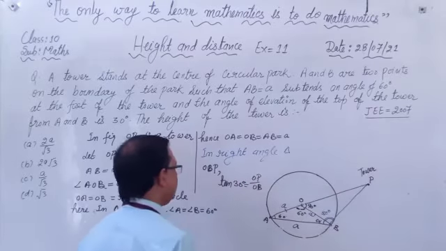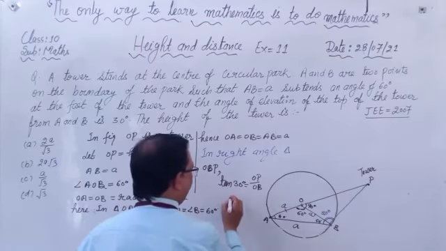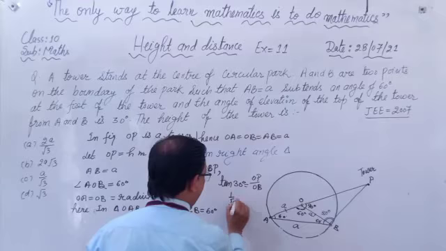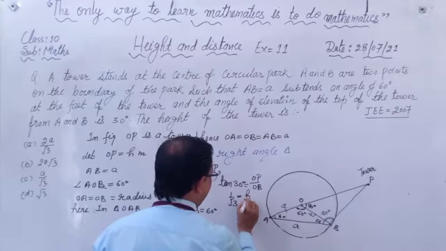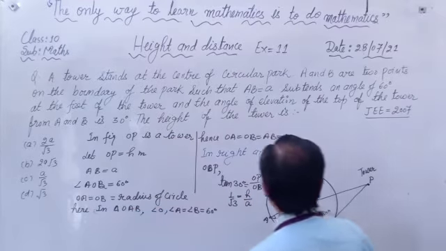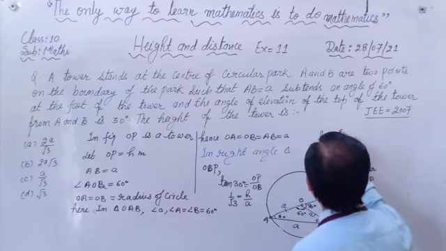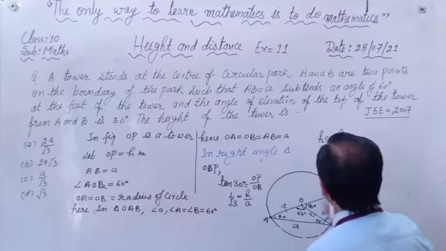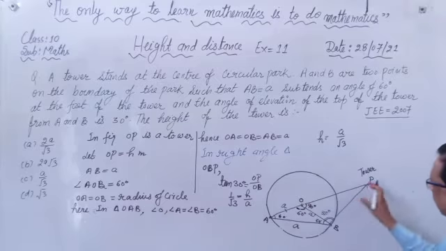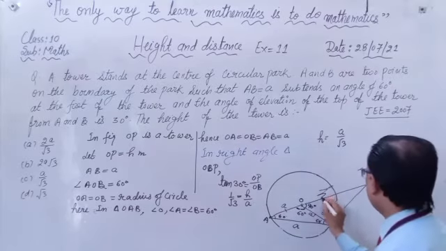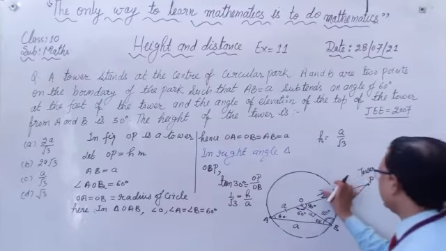The value of tan 30 is 1 upon root 3. So 1 upon root 3 is h upon a. It means h is equal to a upon root 3. So this is the height of the tower: a upon root 3.